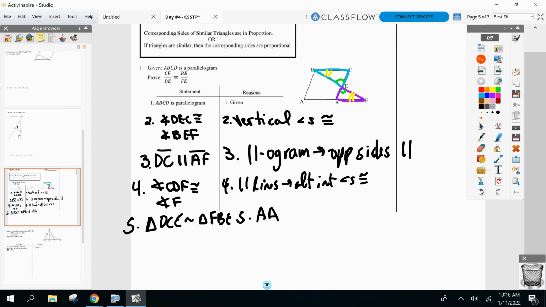All right, you proved them similar. Now you know the sides are in proportion, right? Triangles are similar, so corresponding sides are in proportion. So CE over DE is now equal to BE over FE. And here comes your new reason. It's kind of like the cousin. Remember CPCTC?